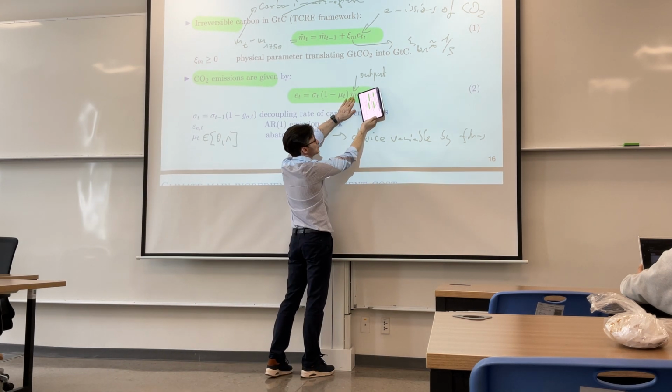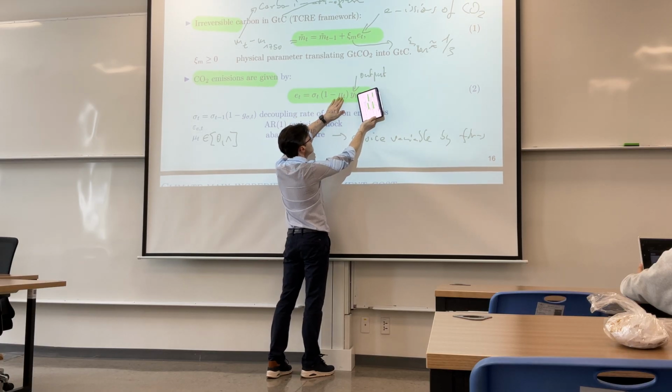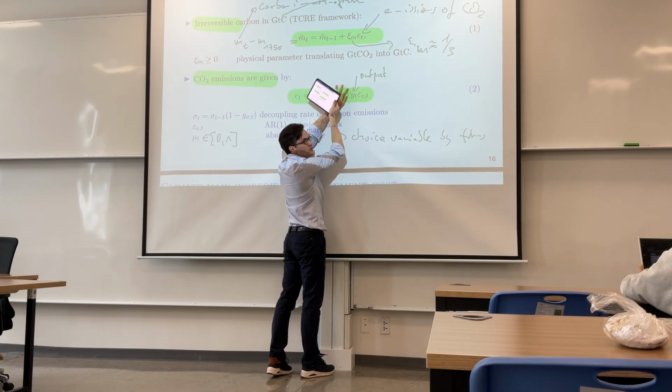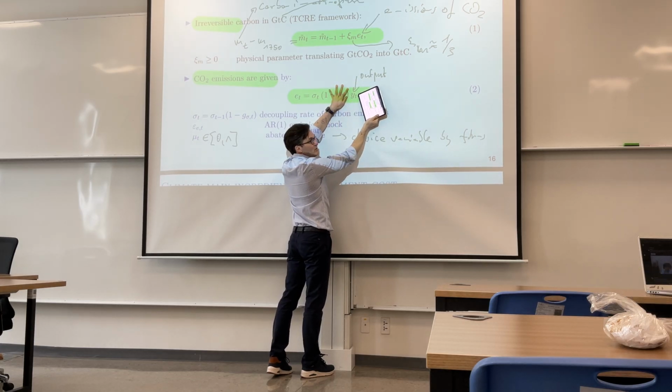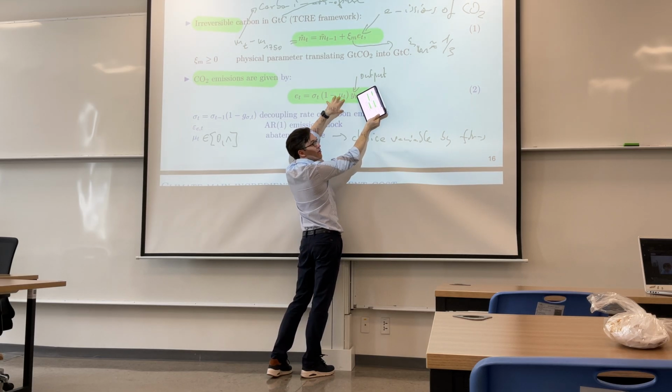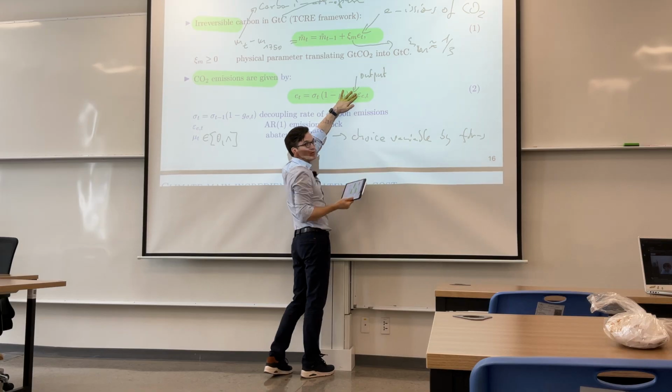So any production unit generates emissions. If mu is equal to 0, the production generates emissions 1 to 1. But say if firms undertake efforts to reduce this, if mu is for instance 1/2, then 1 unit of output only generates 1/2 unit of emissions. And if mu is equal to 1, then the production is green.